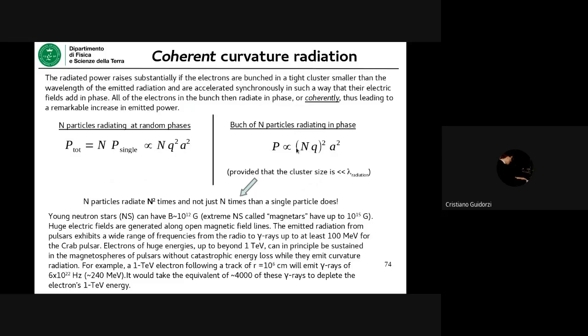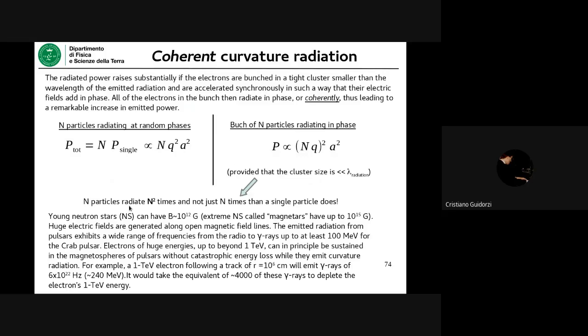But in this case, the fact that they emit coherently is equivalent, from the point of view of the resulting electric field, to having one single charge. So with the resulting charge of nq, given the square dependence, if you compare to the incoherent emission, you gain an extra factor of n.